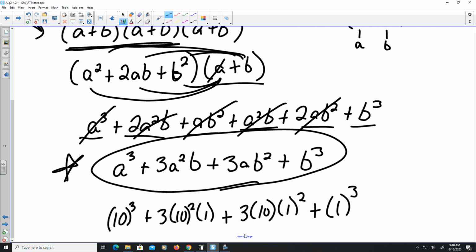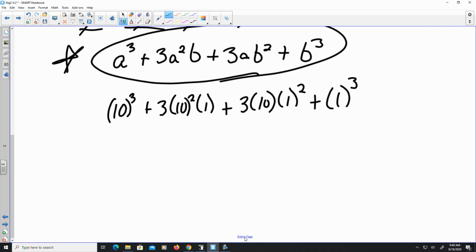So taking care of order of operations, 10 cubed is 1,000, plus 10 squared is 100, times 3 is 300, times 1 is 300, plus here, 10 times 3 is 30, 1 squared, so that's just 30, and then plus 1.